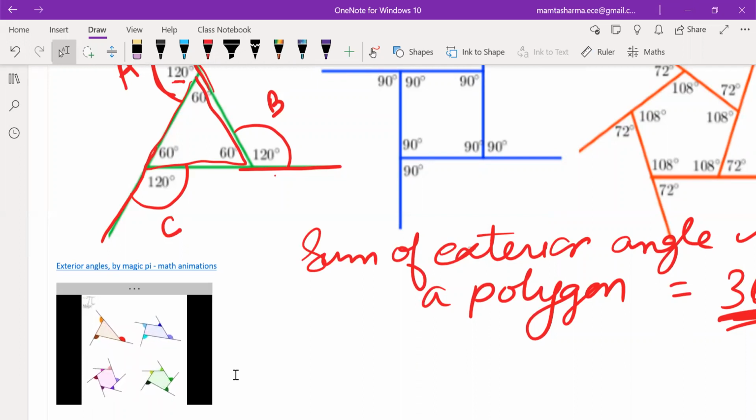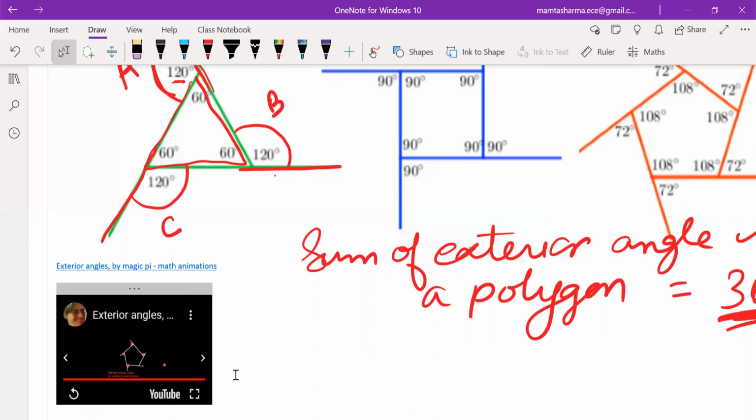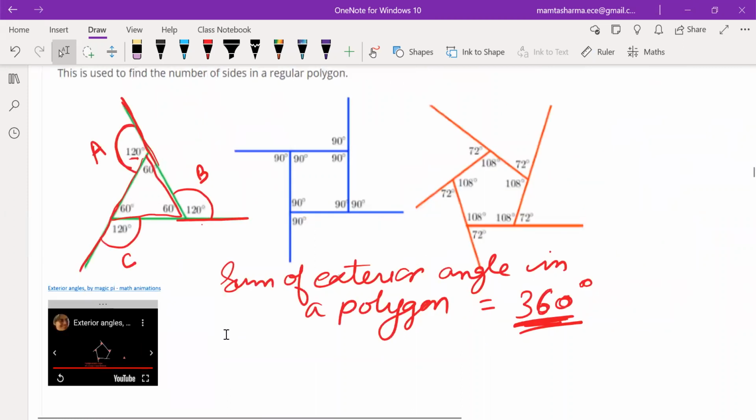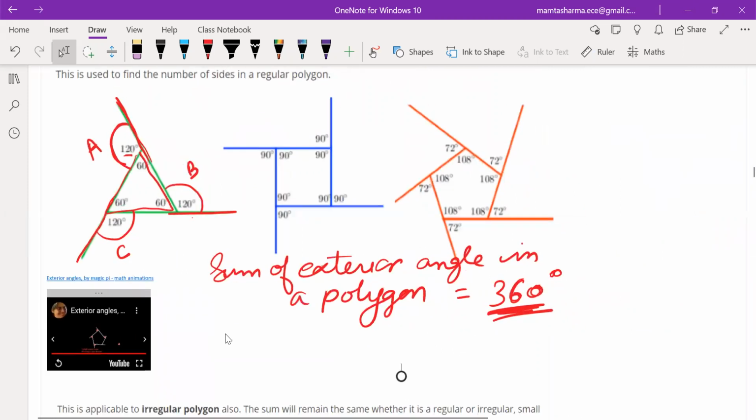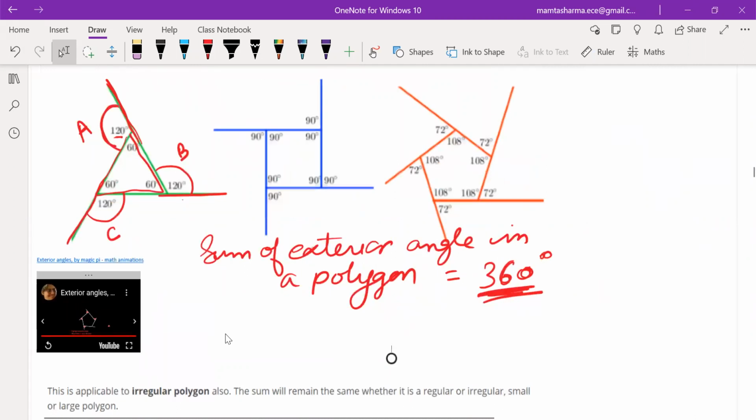The exterior angles, these colors, are making one circle, and you know the angle in a circle is 360 degrees. So for the time being, remember that the exterior angle sum will be 360 degrees for octagon, nonagon, and any polygon with any number of sides.